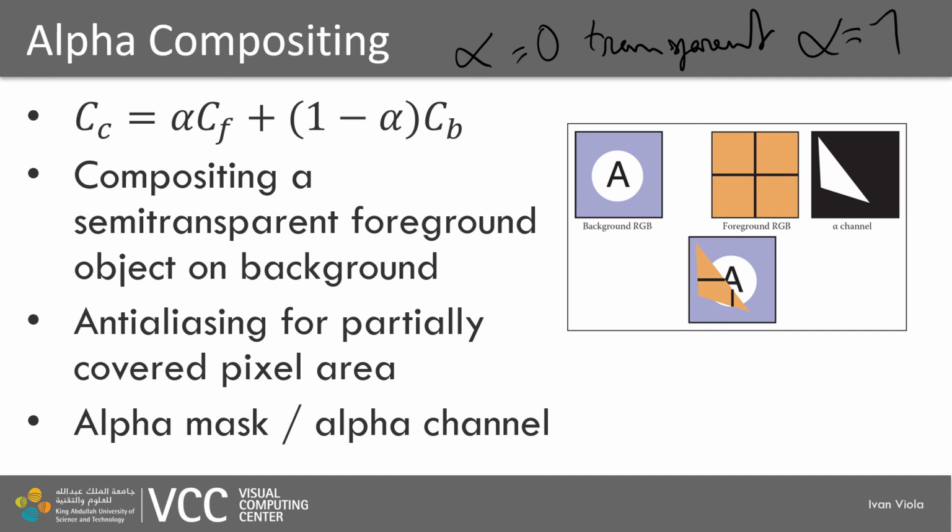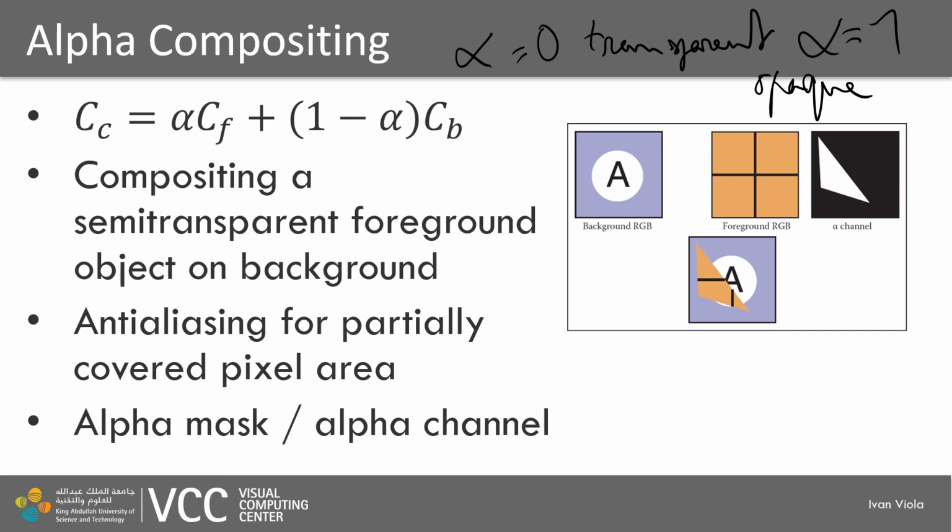Alpha equal to 1 will be opaque. We can use the concept of alpha also in creating so-called transparent images. So instead of only having images with RGB values, we can have RGB alpha images, so that the transparency is part of the image representation.